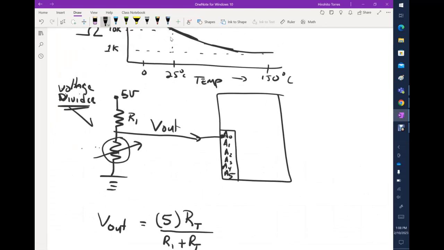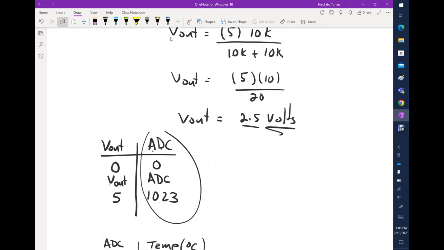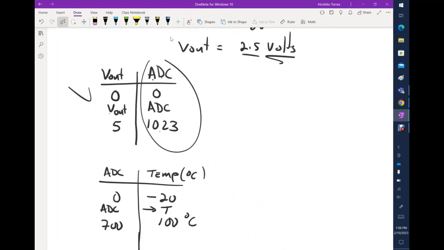And when you have that voltage divider on an Arduino, let's say this is an Arduino Uno, where the analog conversion is based on 10 bits, then what you will eventually have is a table that looks like this.